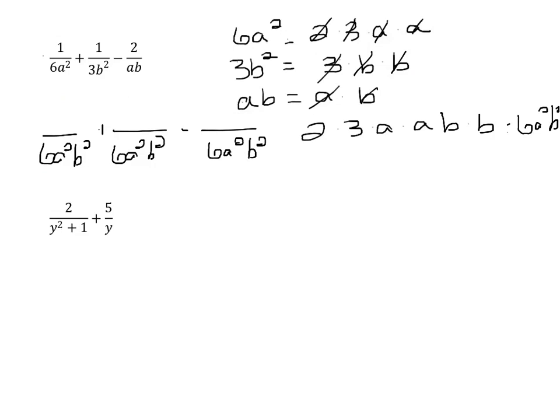So on this first fraction, all I need to do is multiply by b squared over b squared. On the second one, I need to multiply by 2a squared, and then on the last one, I need to multiply by 6ab.